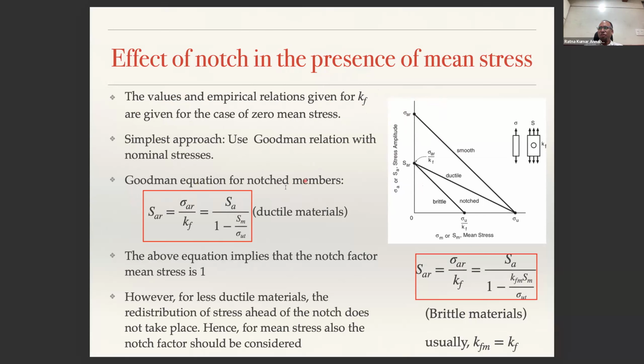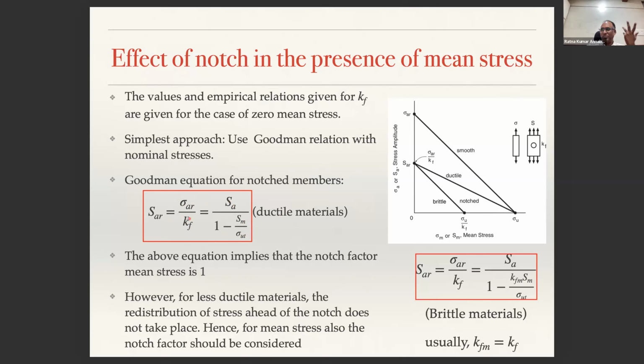So the Goodman equation for notched members will be as simple as that: SM by SUT plus SA by SAR equals 1. Instead of SAR, you will write sigma AR by KF. You will introduce the fatigue stress concentration factor.